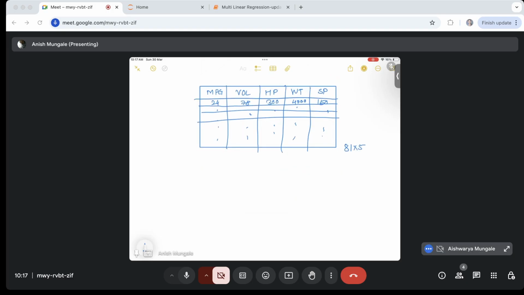Now, initially, first you build the model y bar considering all the data, all 81 rows, and 4 columns, because this is your y. So you will be building the model with these 4 columns. Consider all 81 data points and 4 features.